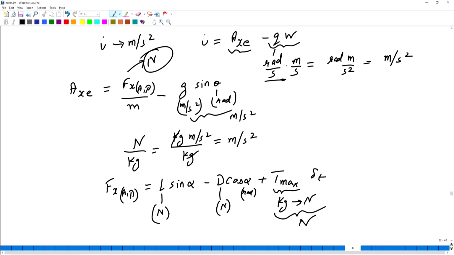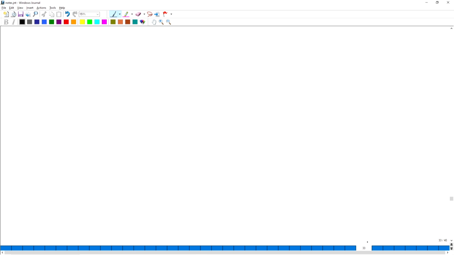Now, what is L? L is the lift, which is given as L equals half rho V square S into CL. So this L unit should be in newtons. So density is given as kilogram per meter cube.